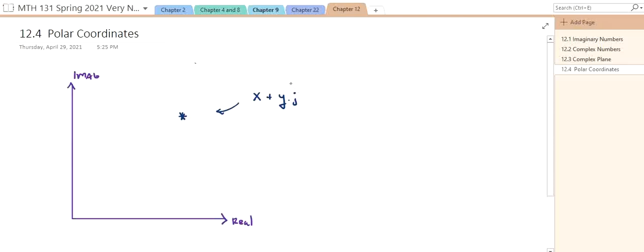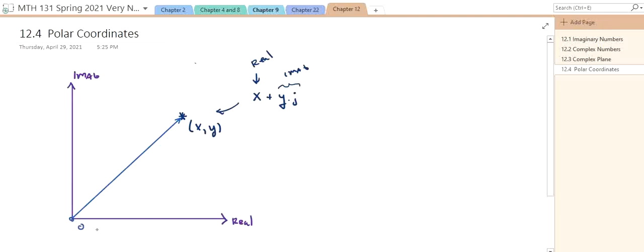So this is the imaginary component, and this is the real component. So I can put this in point pair form, x, y, for this point. And let's draw a vector to it.